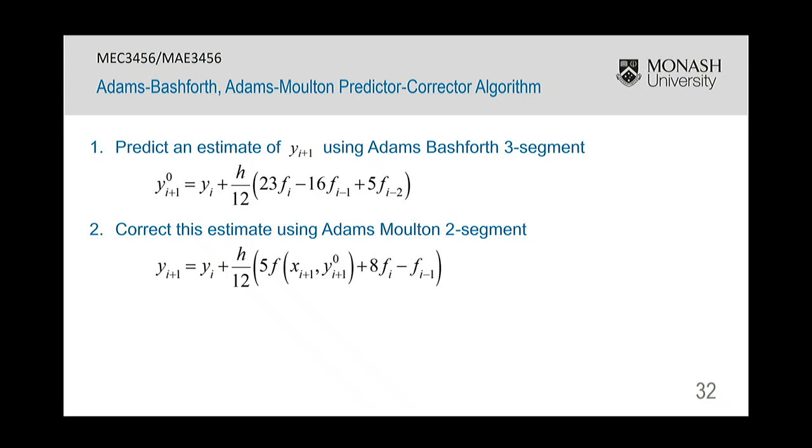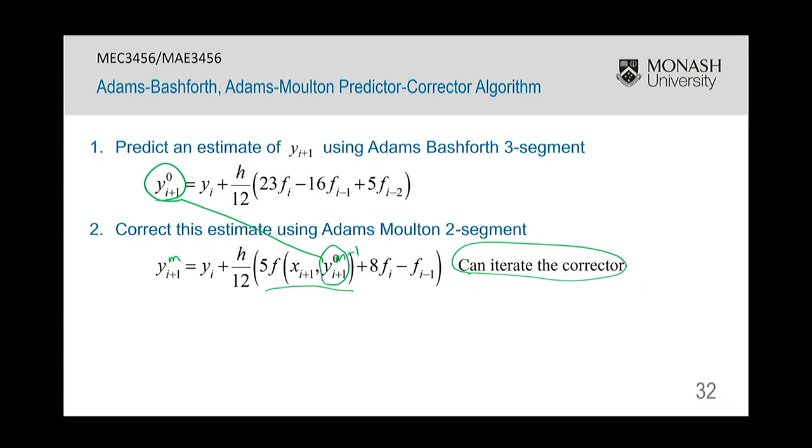So in other words, y_{i+1} is equal to y_i + h/12 times, now, our function value estimated at our estimate of y_{i+1}. And pretty much as with the Heun method, we can iterate on the corrector. So we can calculate y_{i+1}^m and substitute y_{i+1}^{m-1} into this one here and iterate on this corrector step multiple times.